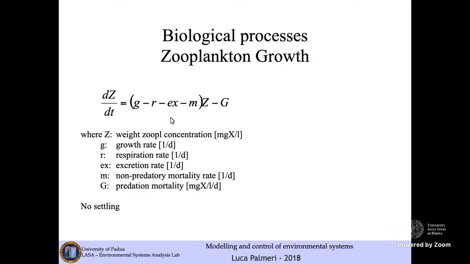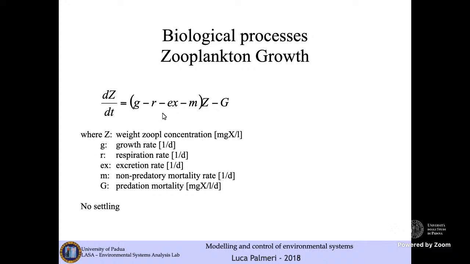So again, this is a first order linear differential equation, minus a factor G, capital G, that describes predation mortality by the upper trophic level that are feeding on this zooplankton. Typically, there are fishes that are eating these small crustaceans, and you will include the effect of these fishes into the capital G factor.